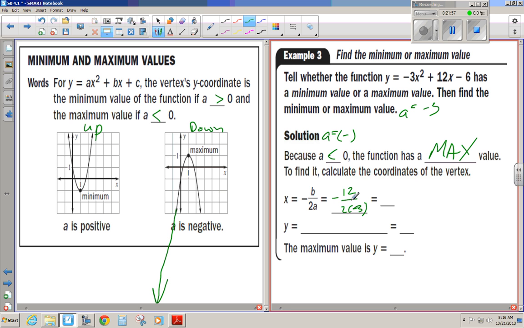When you work this all out, it ends up being negative 12 over negative 6, which is 2. So the x part of the vertex is 2. When you plug in to find the y, you end up with this, which when worked all out equals 6. So the maximum value is 6.